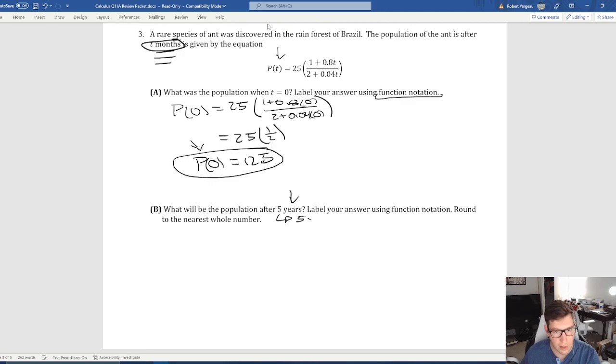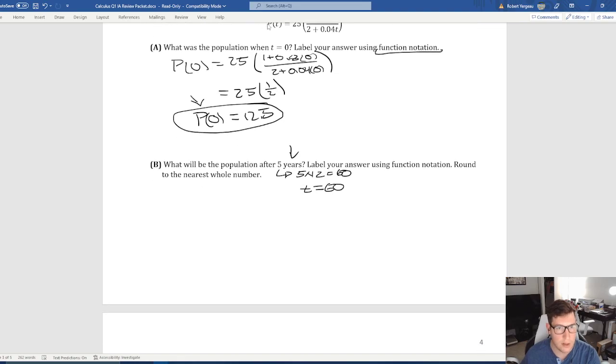And so I'm going to take this 5, multiply it by 12, and learn that we should be using 60, right? And so T is actually 60. And so from here, we would go ahead and just plug this in. P of 60. Again, using function notation. Again, you're going to notice that it's here and present in each of these, so we need to be using it for each of these.